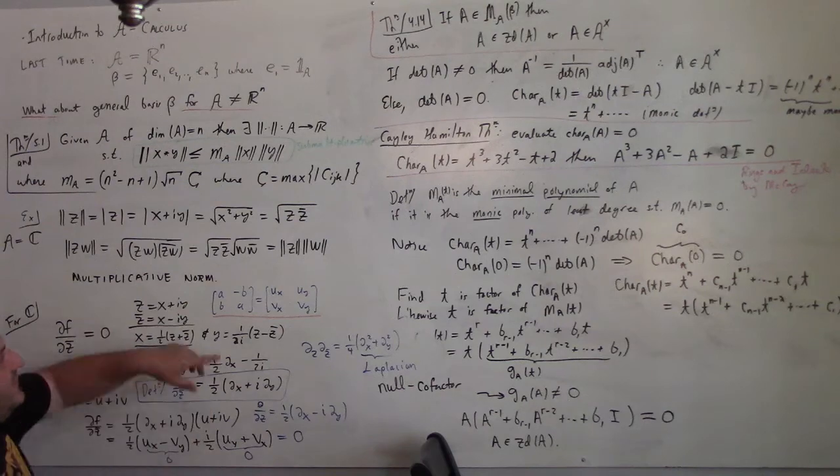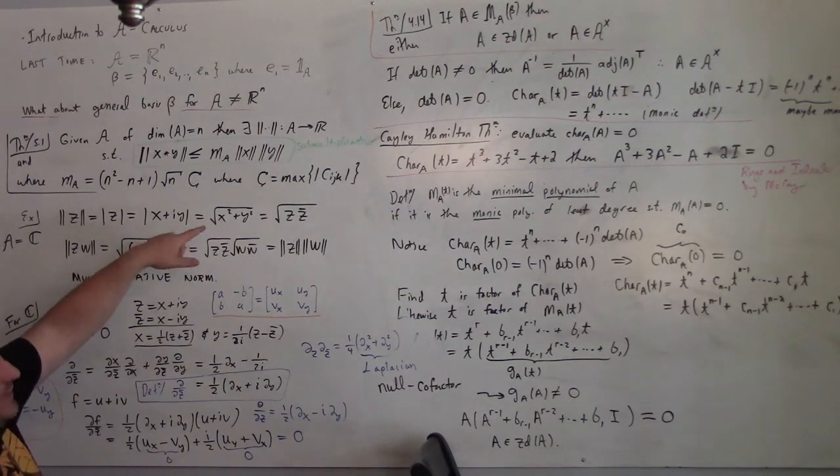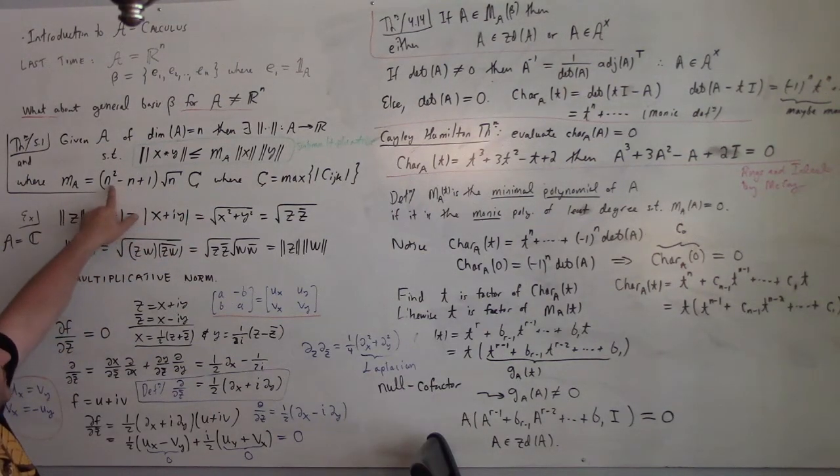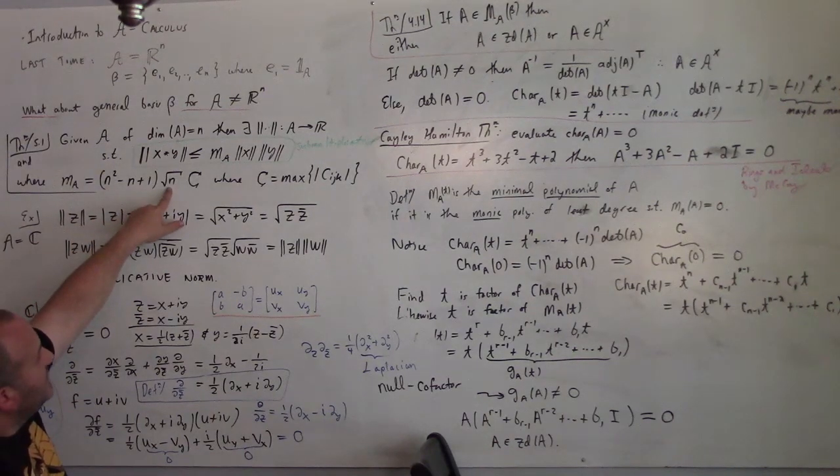I think when you do that calculation for the hyperbolic numbers, let's see here, n is 2. So you get 4 minus 1, so that's 4. And then 4 times square root of 2. And the maximum structure constant in the standard basis is just 1.